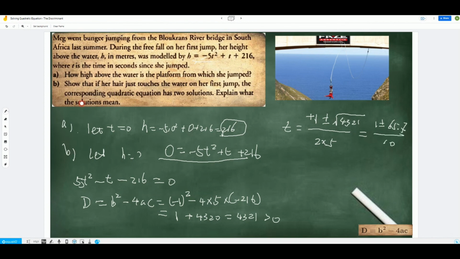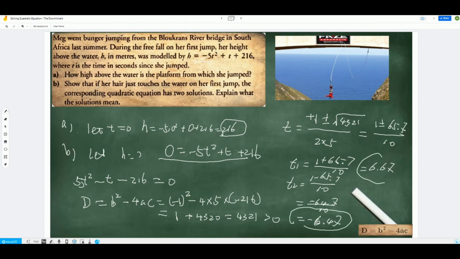So we take two values. t1 equals 1 plus 65.7 divided by 10 equals 6.67. And t2 equals 1 minus 65.7 divided by 10, which is negative 64.7 divided by 10 equals negative 6.47.